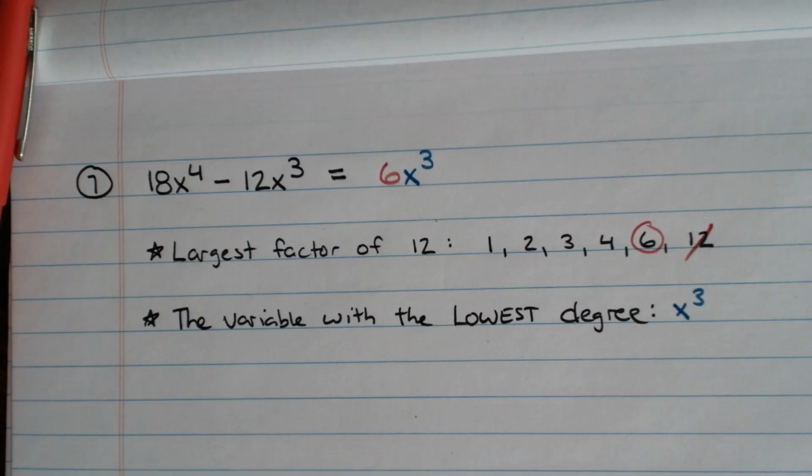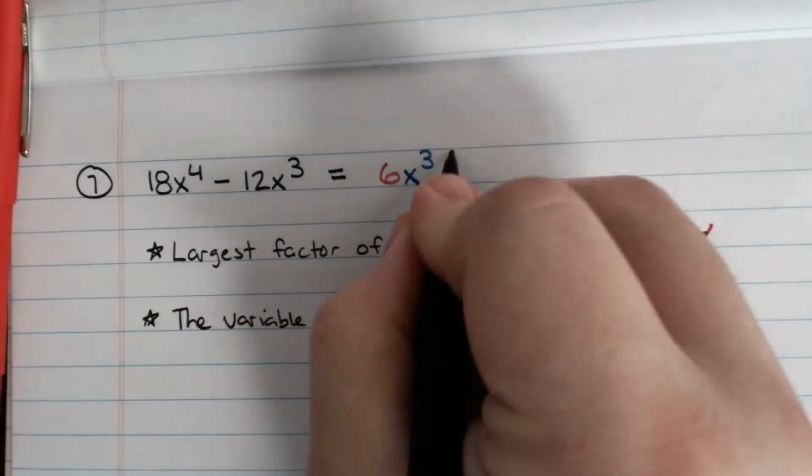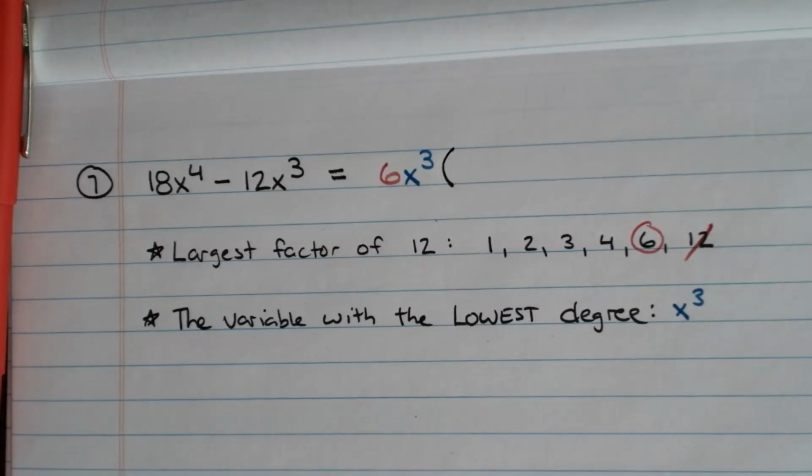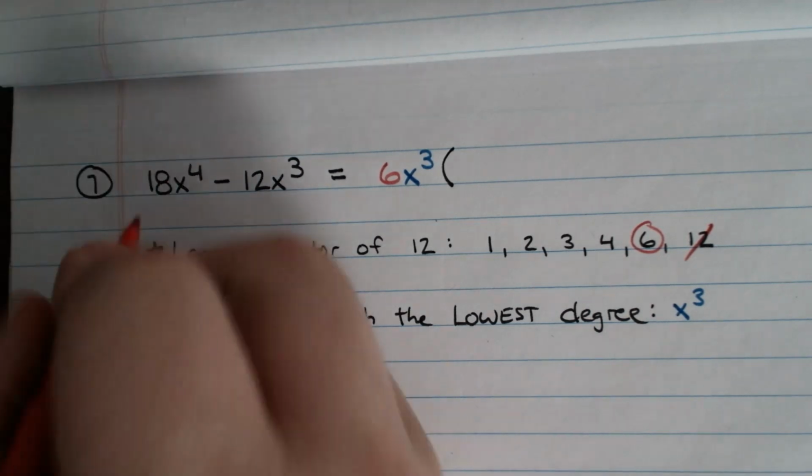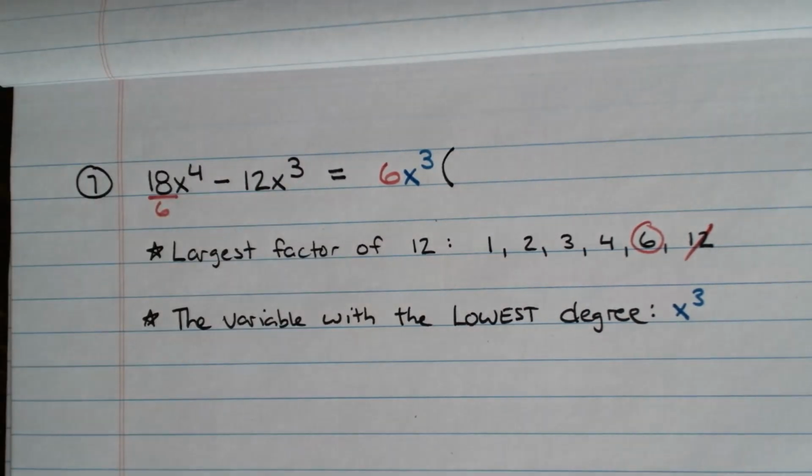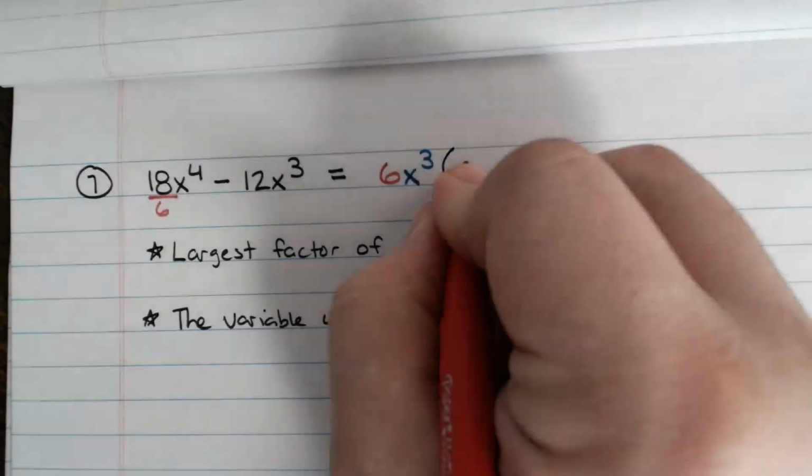Anytime you're factoring GCF, write the GCF first. 6x cubed. Then in parentheses, carry out the division of 6x cubed. What's 18 divided by 6? Somebody, say it loud and proud. 3.